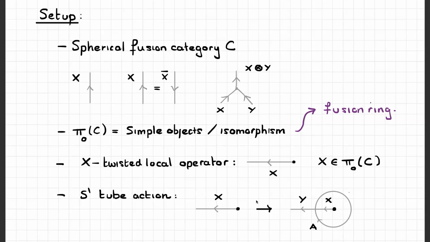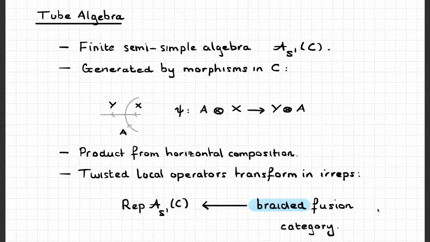This is crucial. And there might even be more data here, so you may have to specify a morphism in your category at the intersection point here. Okay, so that's the kind of picture that you want to capture algebraically.